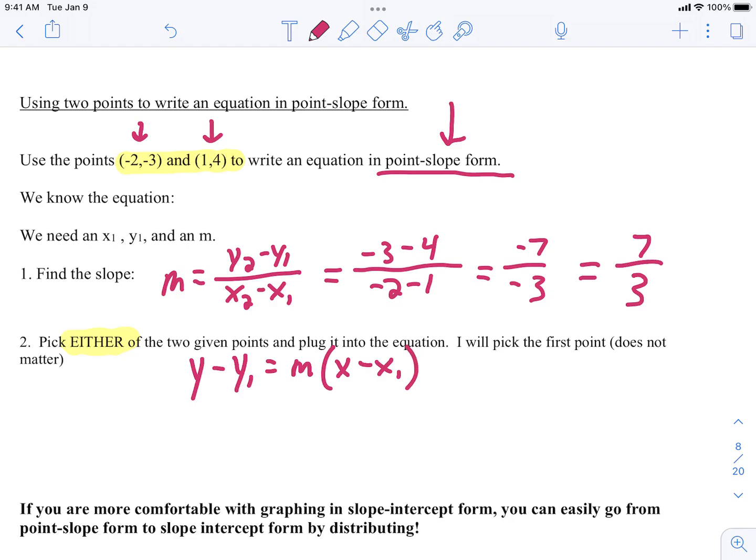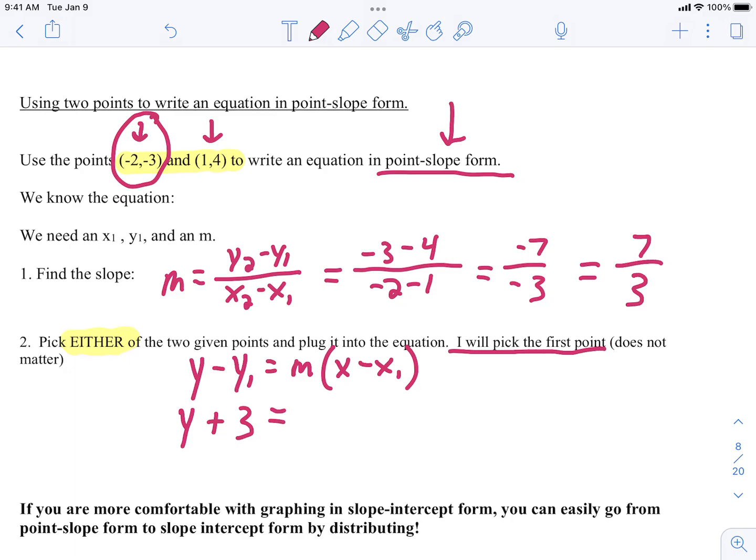So I said here I'm going to pick the first point just because. So ready? Y minus my y1 from my first point is -3. So since I have two negatives there, I'm going to change that to a positive right away.